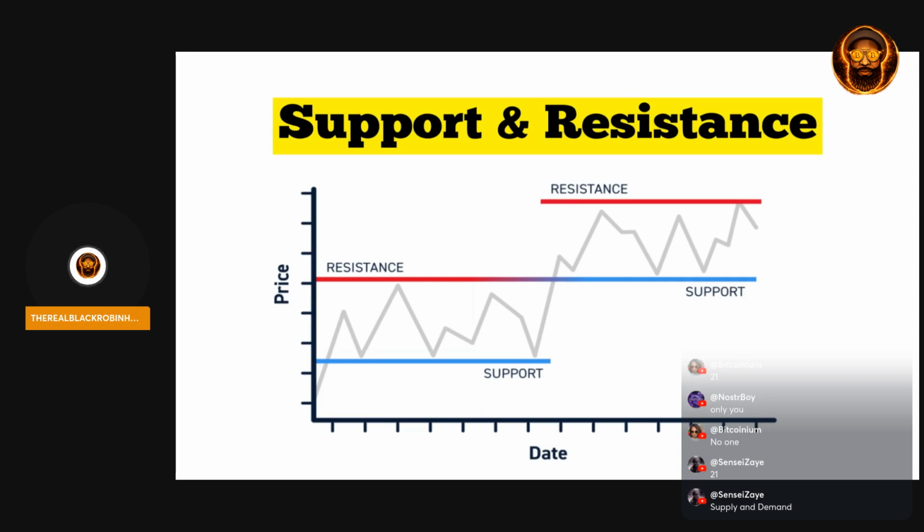Support is where demand is. So you're not just trading any pin bar anywhere, right? You want to buy when the price drops to support. If you see a pin bar or bullish engulfing, you buy it. Then at resistance, you get out. Or resistance is where you want to see a bearish pin bar so you can go down.